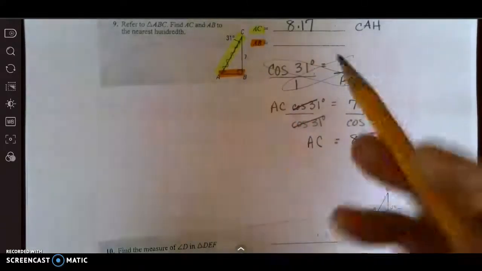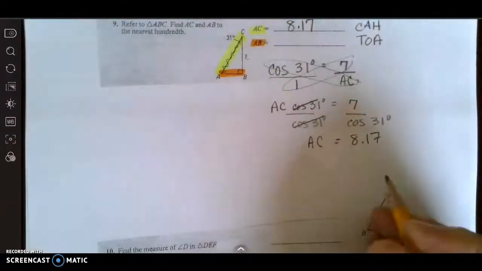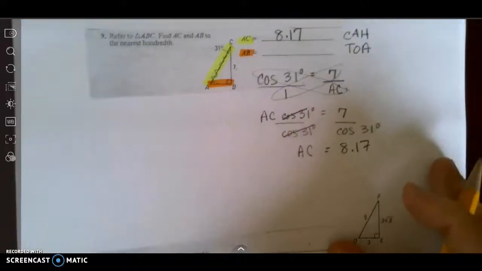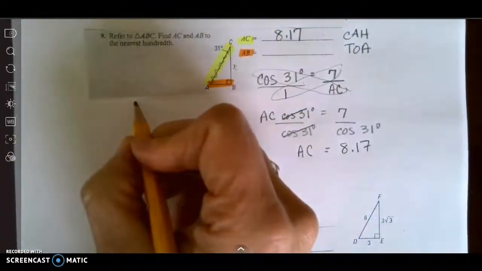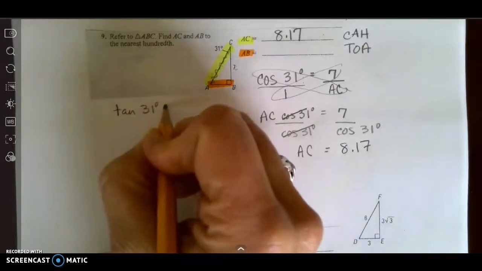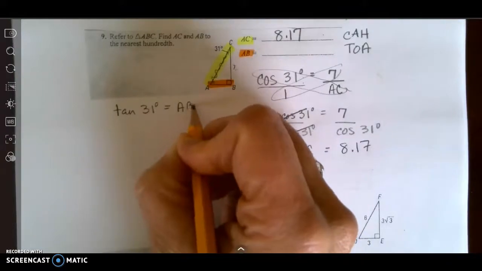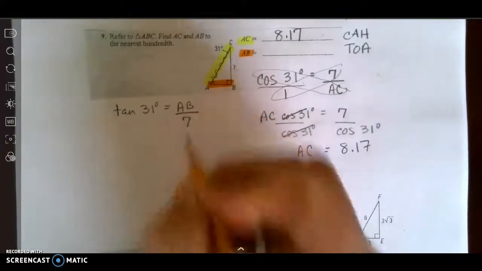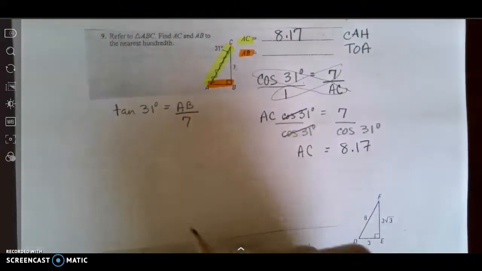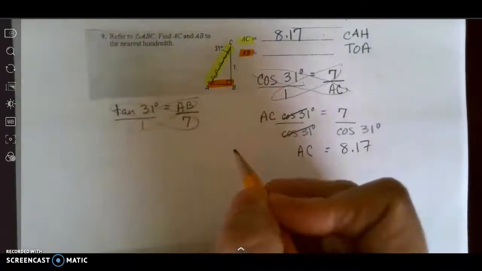So opposite and adjacent, that's going to be TOA, so I'm looking at tangent. So this time I'm going to write that the tangent of 31 degrees is equal to opposite, which is AB, over adjacent, which is 7.